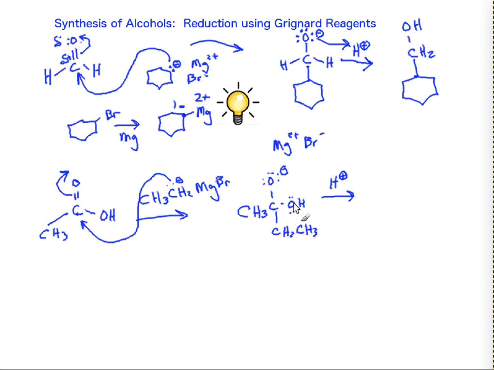The answer here is yes. We've got a potential leaving group. This OH can be turned into water in the presence of acid, and so just like we saw with hydrides, we can break this carbon-oxygen bond to reform the carbonyl.